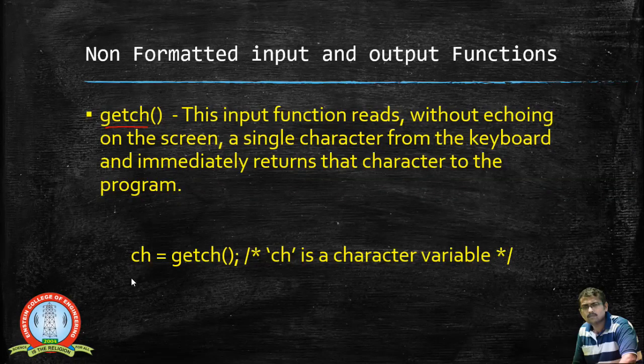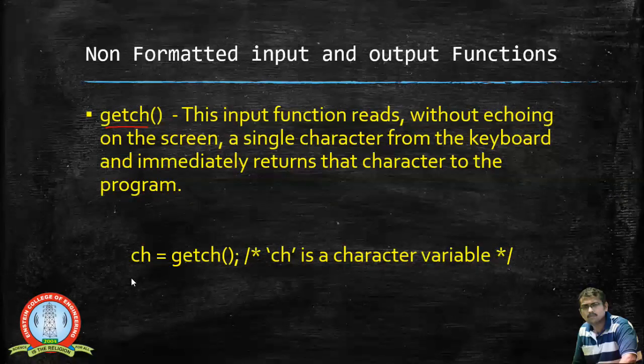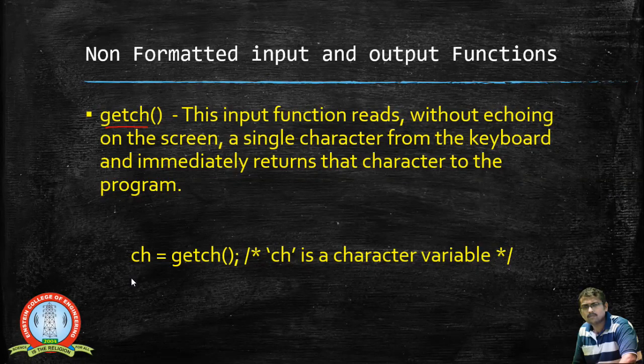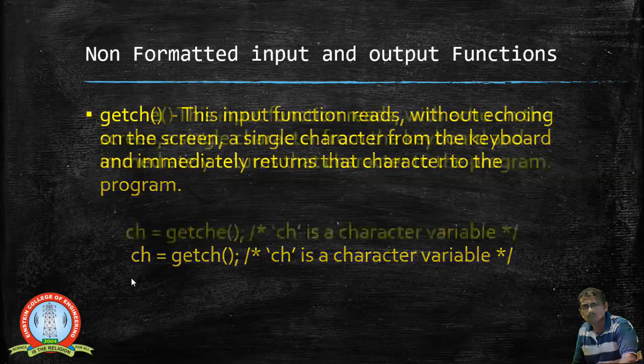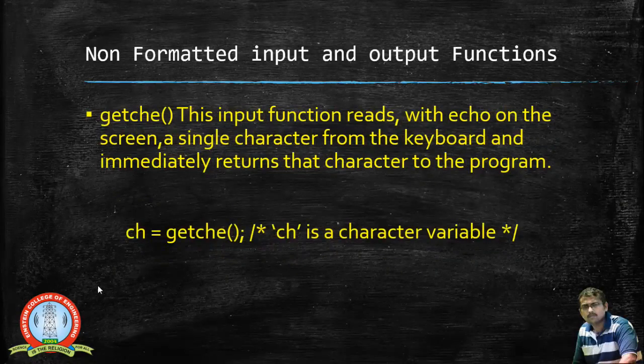So we have so far seen three functions: getchar, putchar, and getch. These are all examples of non-formatted IO functions. Similar to getch, we have one more function called getche.